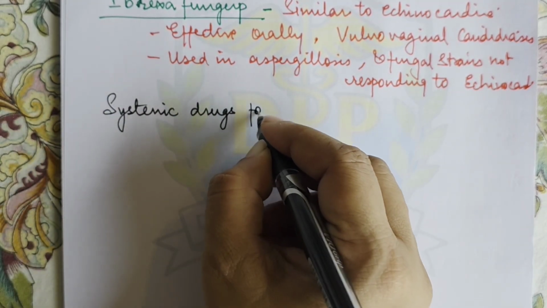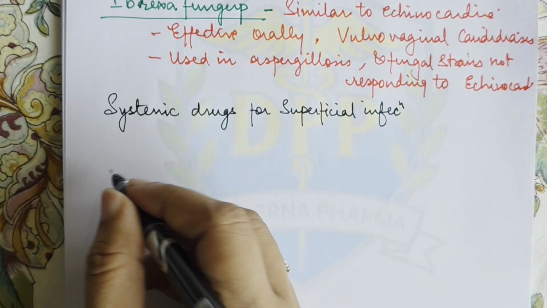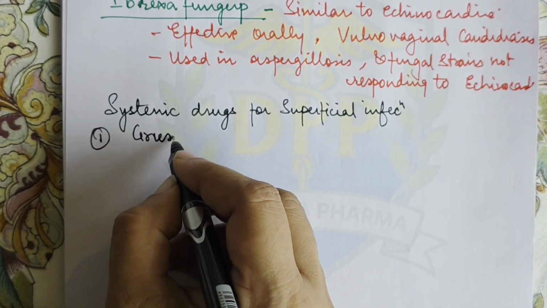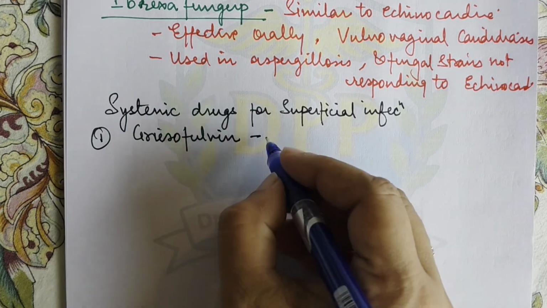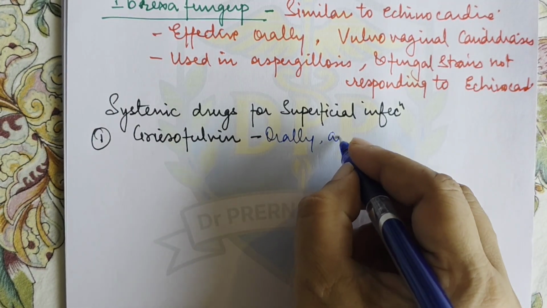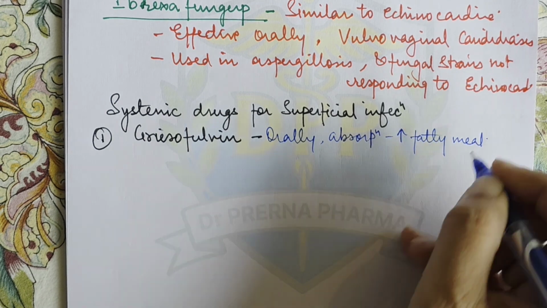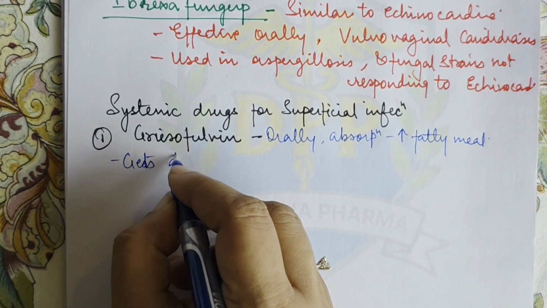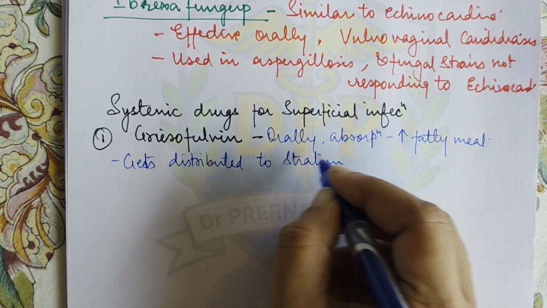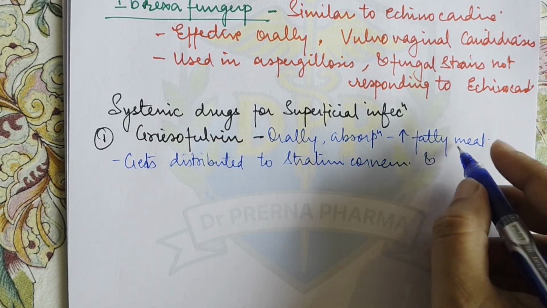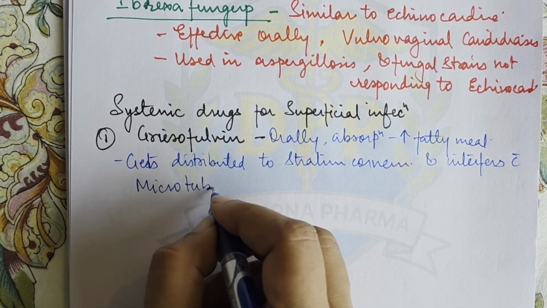Okay. Then the next category of drugs, systemic drugs for superficial infections. In this we have griseofulvin. Griseofulvin is used orally, and absorption is increased by a fatty meal, right? It gets distributed to the stratum corneum and interferes with microtubule formation.